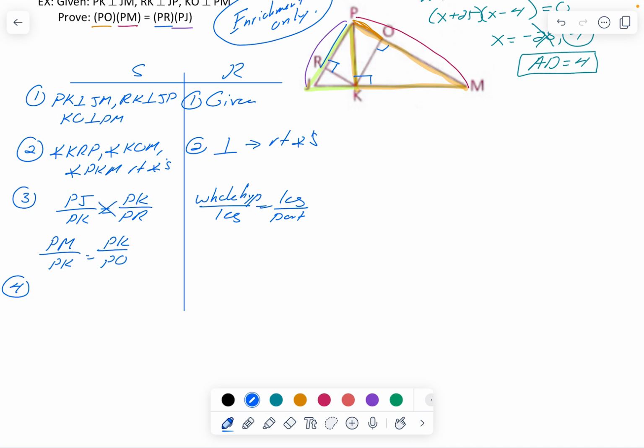So that's going to be PJ times PR equals PK squared. And we have PM times PO equals PK squared. And that is means extremes.